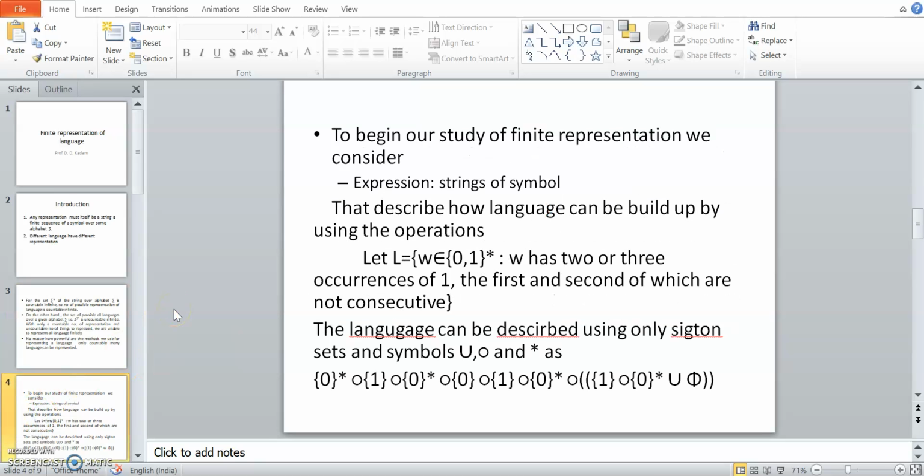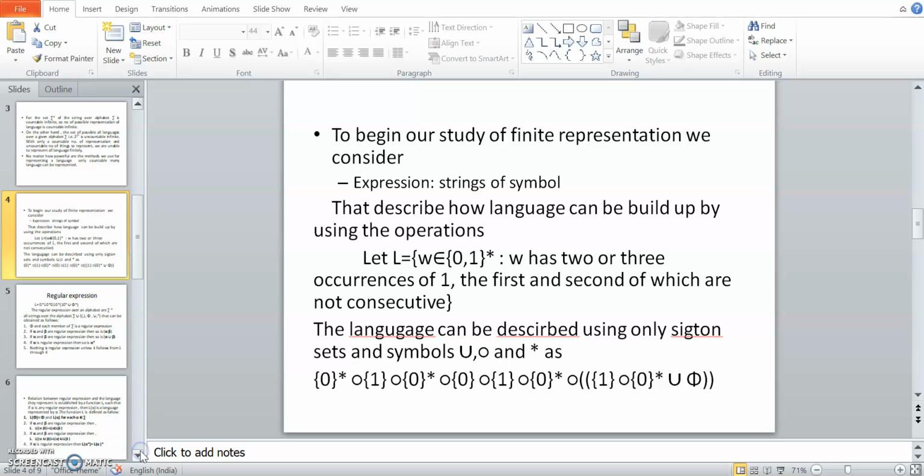To begin our study of finite representation, we consider expressions. What is an expression? It is a string of symbols that describe how a language can be built up by using the operations.